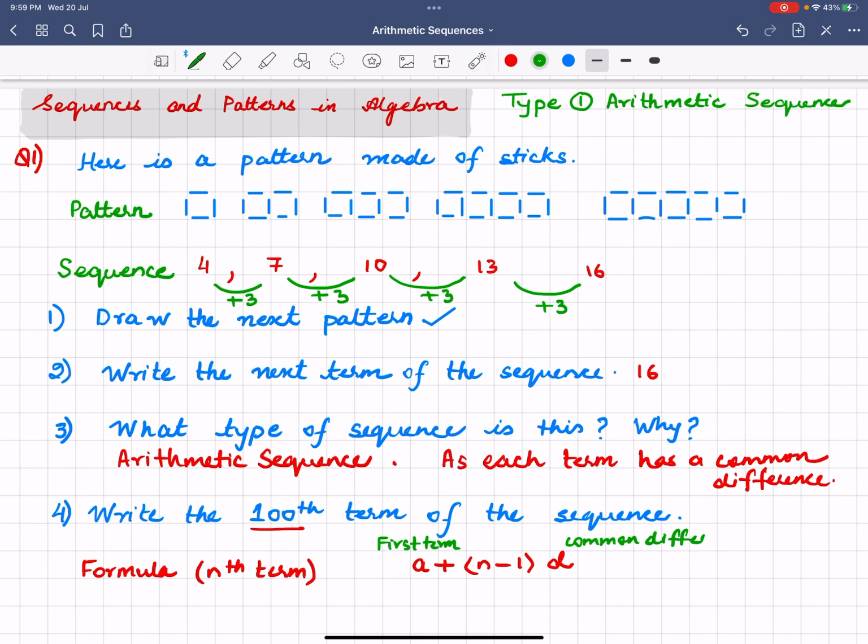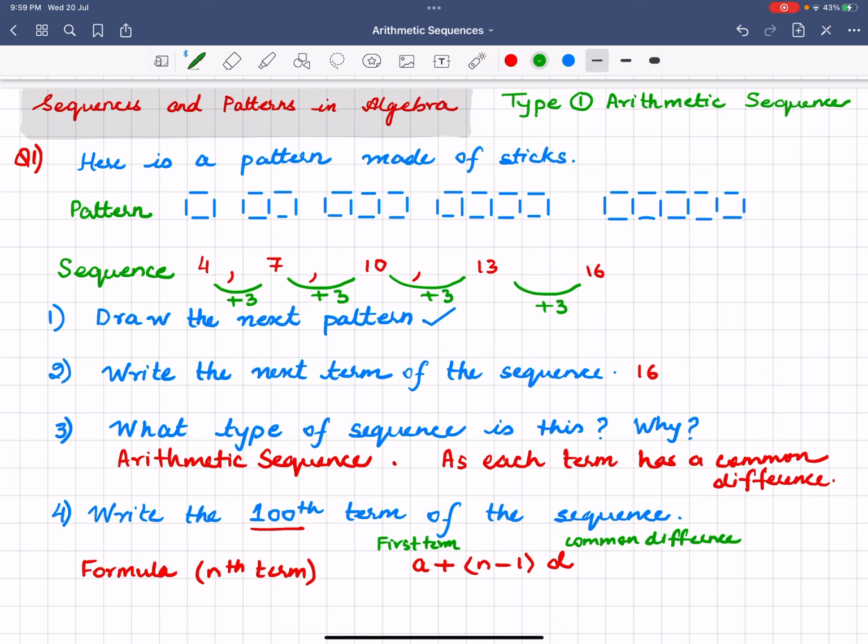Now we are going to find the nth term formula. So we will find a formula where we can find any term number which is represented by n. So first let us find the common formula for the nth term.